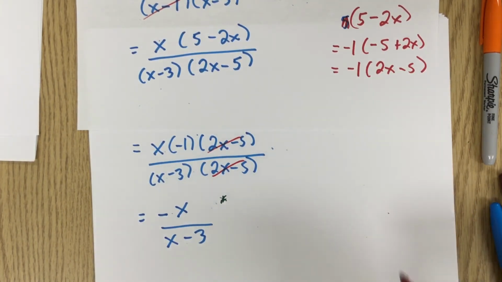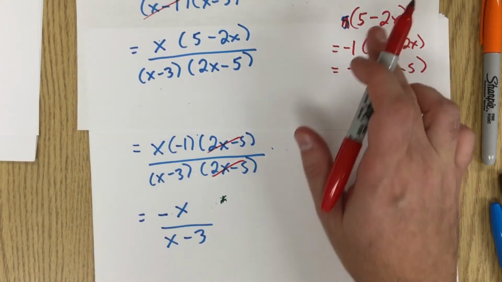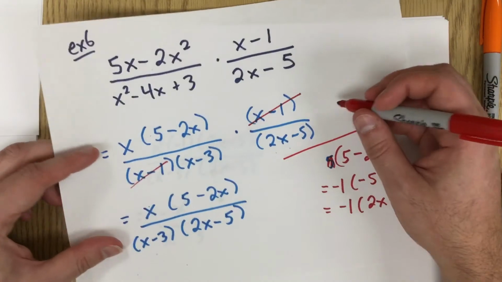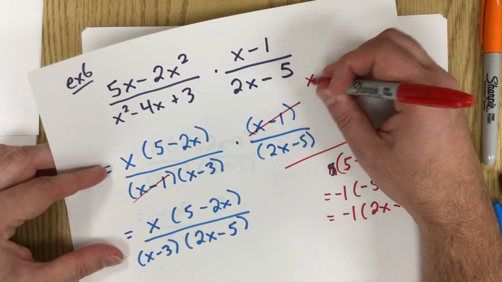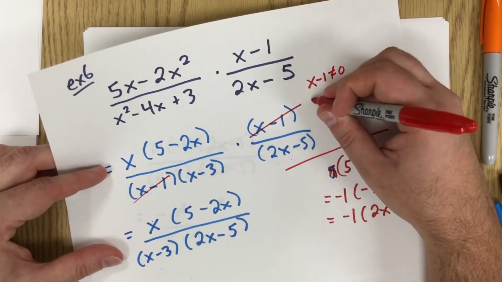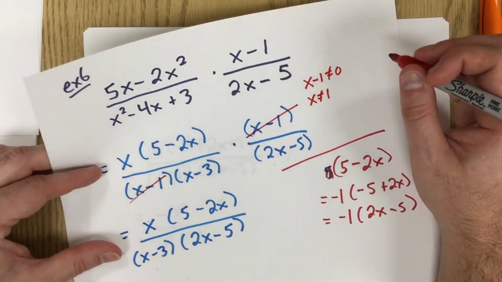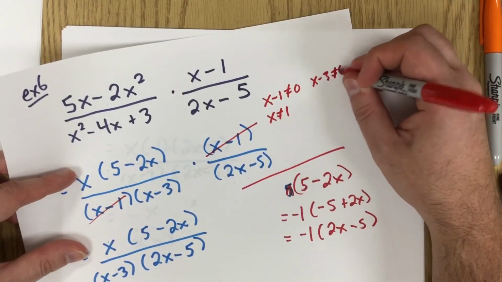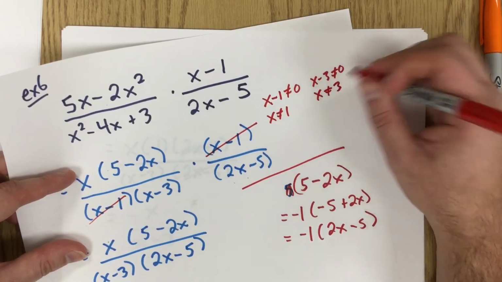But now we're going to look for restrictions, and we're going to look back on this step for the restrictions, I think. So we know that x minus 1 can't be 0, so x can't be equal to 1. We know that x minus 3 can't be 0, so x can't be equal to 3.